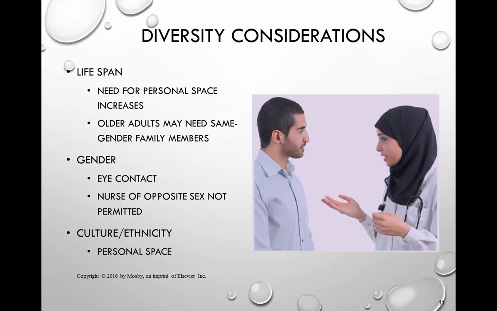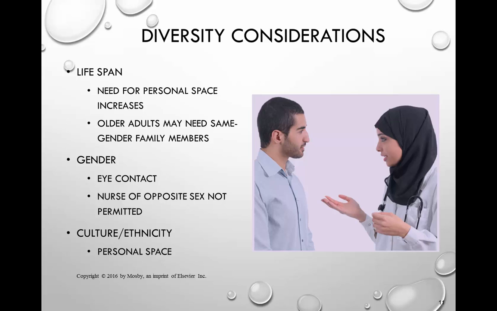There are diversity issues. We want to look at the lifespan and know where our patient is, or the people we're working with are within that lifespan, because we know each generation has its own diverse considerations. We also want to look at gender. Gender can affect whether we do or don't make eye contact.